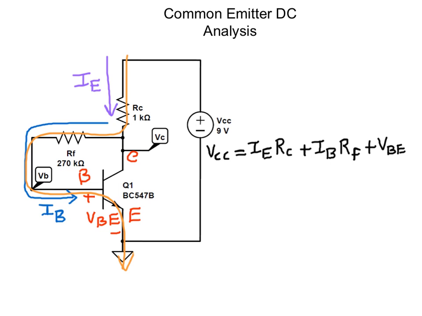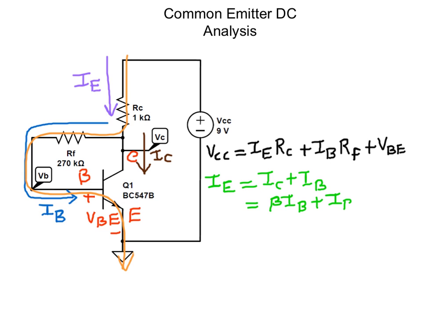Let me show the collector current in the circuit diagram. Now we can express IE, the emitter current, as the sum of the collector current and the base current, which is equal to beta IB plus IB.